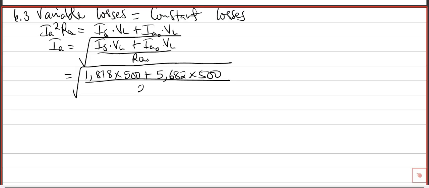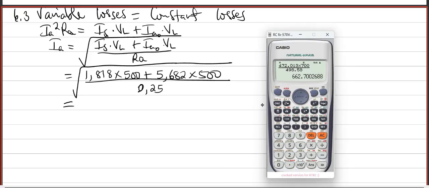So this is RA, which in our case was 0,25. So let's see, we have the square root of 1,818 times 500 plus 5,682 times 500 divided by 0,25.